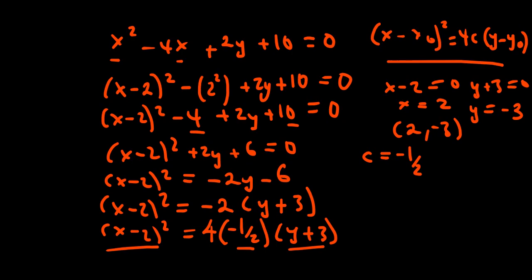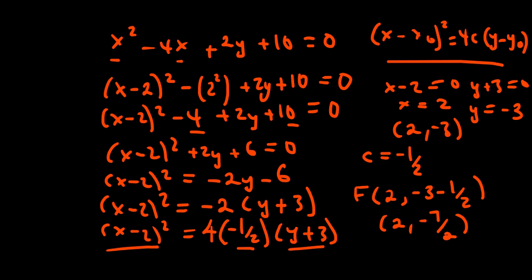So our focus is going to be, I'll leave the first part of the vertex, which is 2, then I'll add negative 3, then I'll add negative half, since my c is negative half. When I resolve this to a single fraction, I'll get negative 7 over 2. So that is my focus.